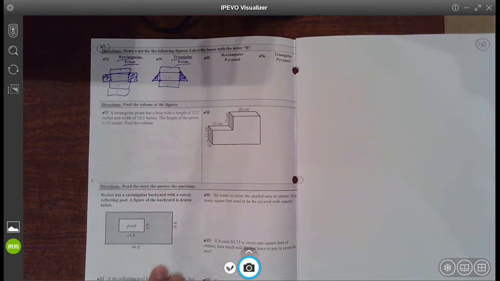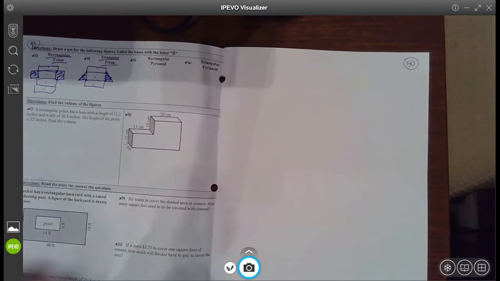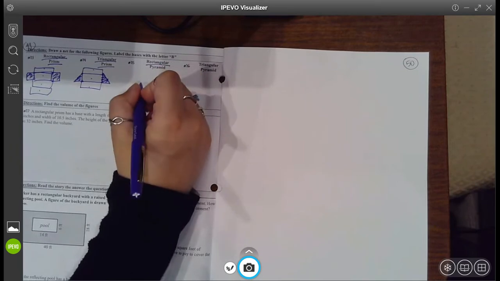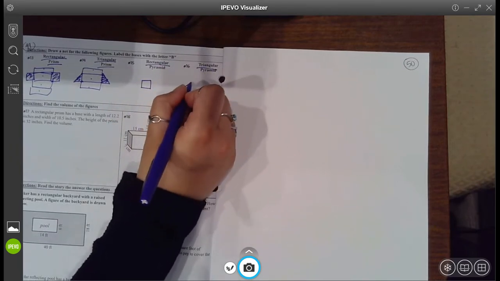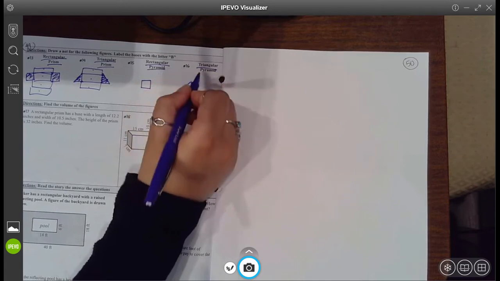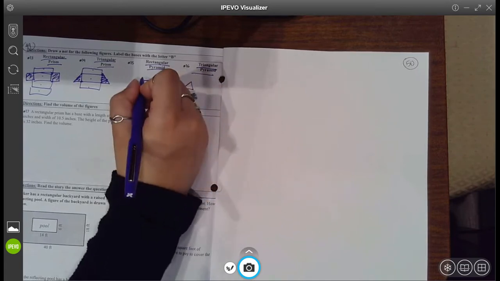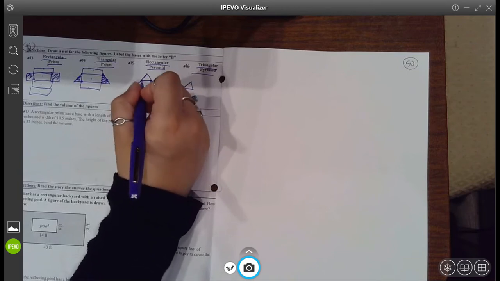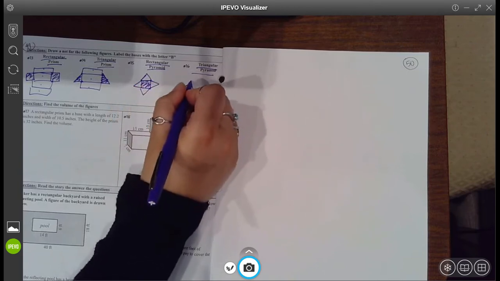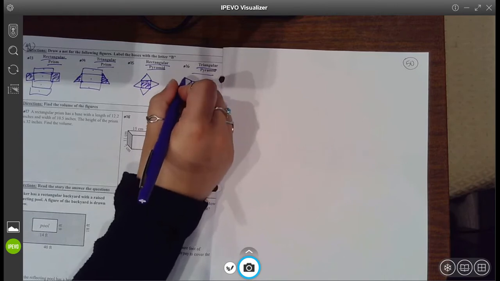Pyramids are nice. They have your base shape in the center. So a rectangular pyramid would have a rectangle in the middle, and a triangular pyramid would have a triangle in the middle. And then pyramids mean that they have triangular sides. So triangles coming off of that one base shape. Right?